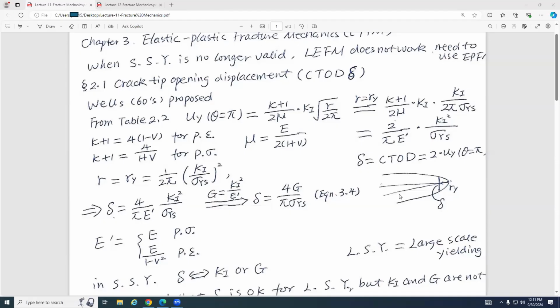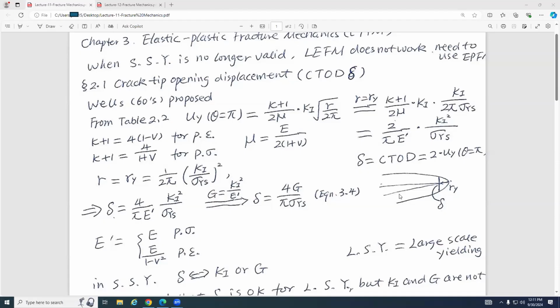So here is the total delta. Delta equals 2uy, because you have two faces, one up and one down. And how can I get this uy?